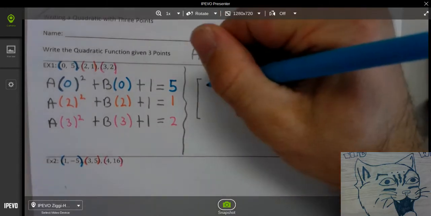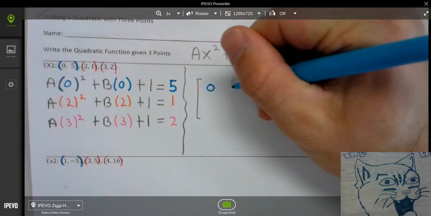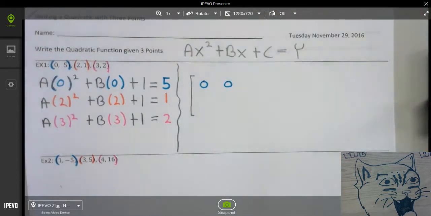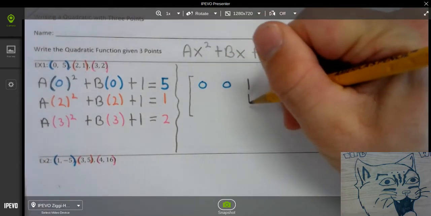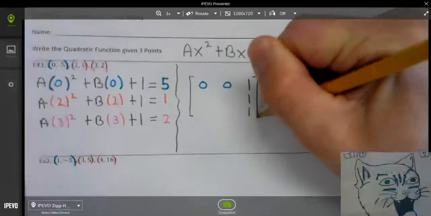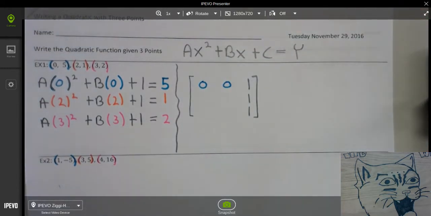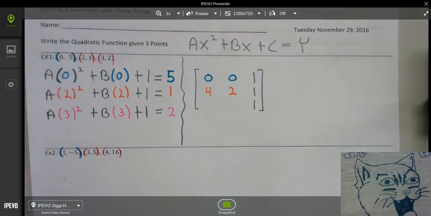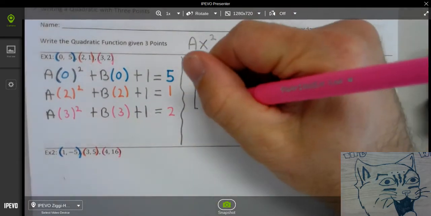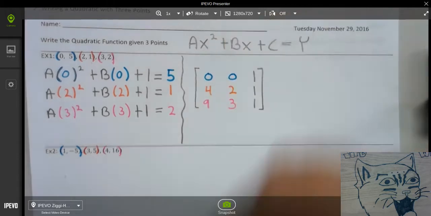So 0 squared is 0, and then 0, and then 1. We know this column is always going to be 1, so we can just make that 1. And then 2 squared is 4, 2. 3 squared is 9, so 9, 3.